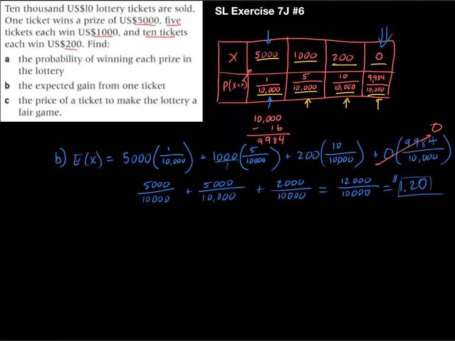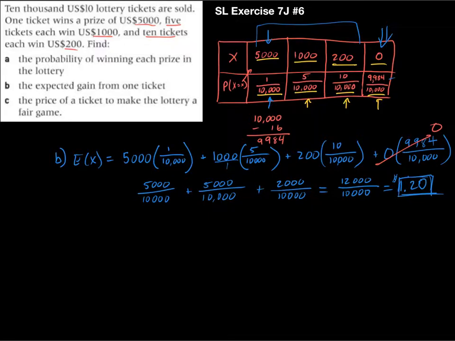Zero is a better representation of what the average person is going to get, right? Most people are getting nothing, right? 16 out of those 10,000 are going to get a significant amount of money. The rest are not. 9,984 get nothing, right? This is the expected gain of one ticket, though, right? If we average everything out, we do our expected value, this is what we get.